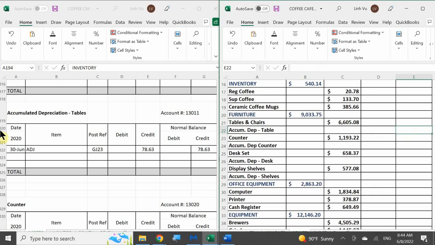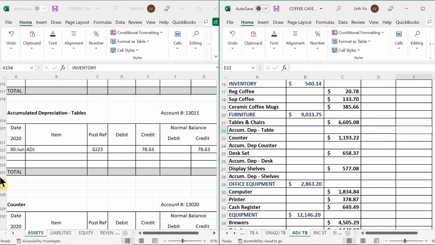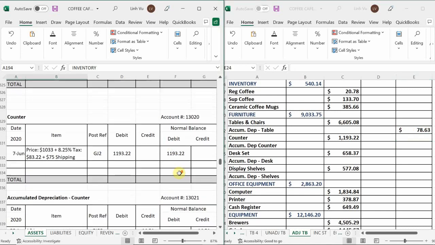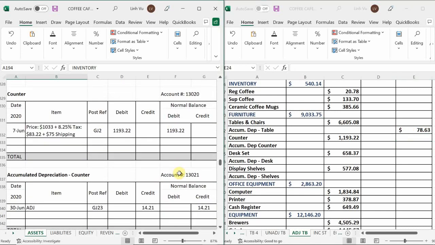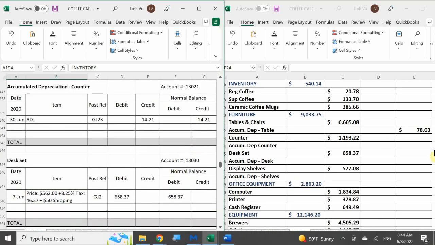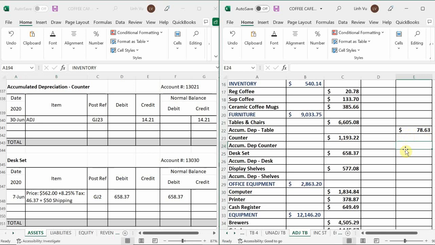So I'll list them all out first and then I'll show you how to do the formula. The first one, the accumulated depreciation for the tables, is $78.63. The counter is still $1,193.22. However, the accumulated depreciation for the counter is $14.21.